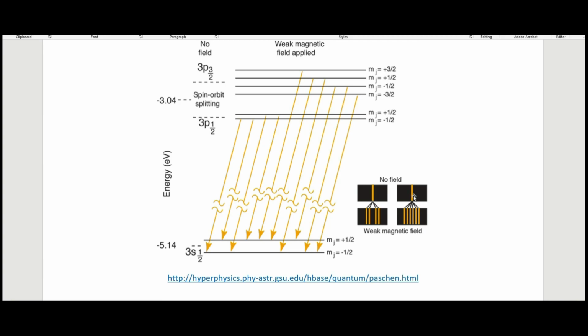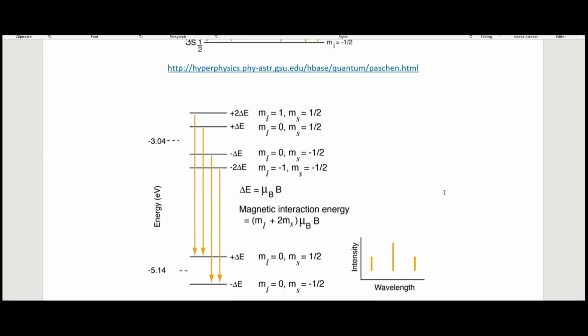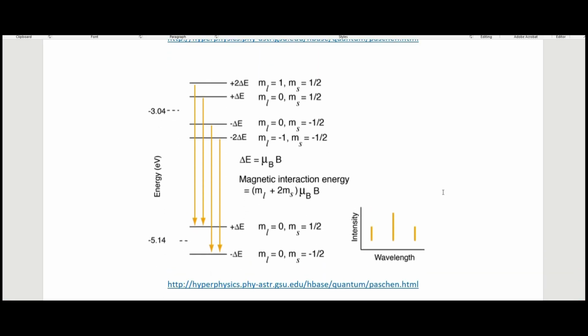Then we have this right here, which with no magnetic field, we end up with a single spectral line, and then in a weak magnetic field, we see that split. And then similarly for the strong field here. So what we actually see here is we have this split into these multiple lines, but some of these, like this going down to here, and then this one going down to here, is actually the same energy difference.